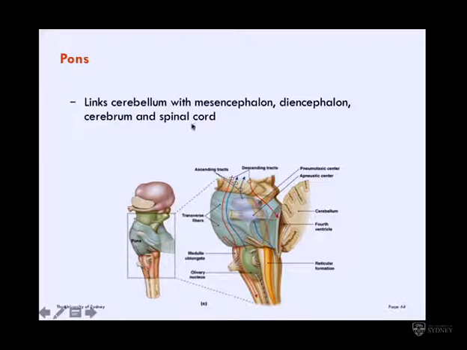And the pons is very important in linking the cerebellum with the mesencephalon, diencephalon, cerebrum, and the spinal cord. As you can see here, it shows you tracts traveling through the superior cerebellar peduncle. Okay. Here's your middle cerebellar peduncle traveling in that direction there, and the inferior aspect of it.